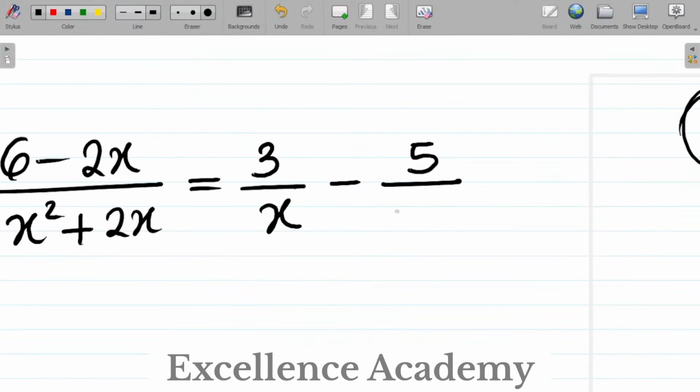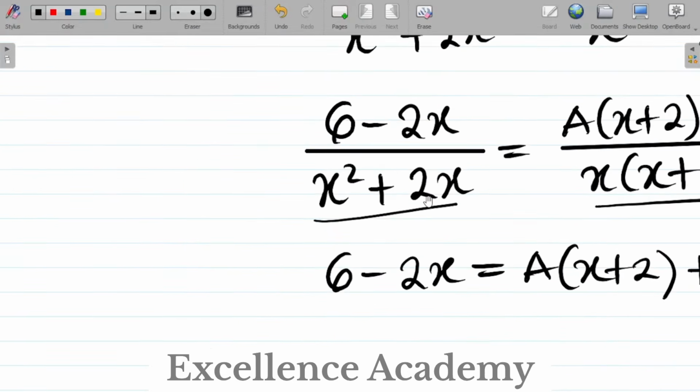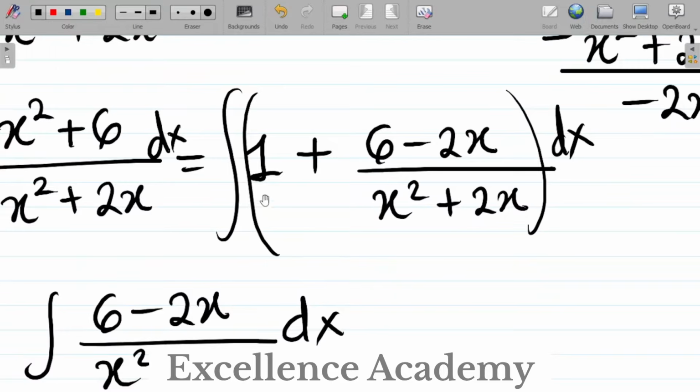We've gotten this one here. The next thing we want to do is go back to the initial question. From the initial question, this is equal to the integral of 1 plus this one here.